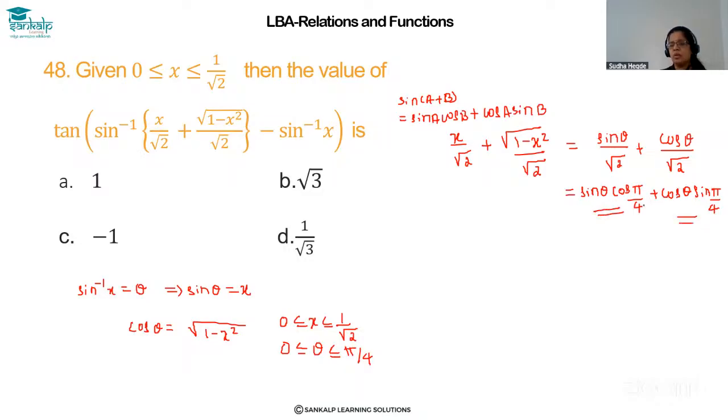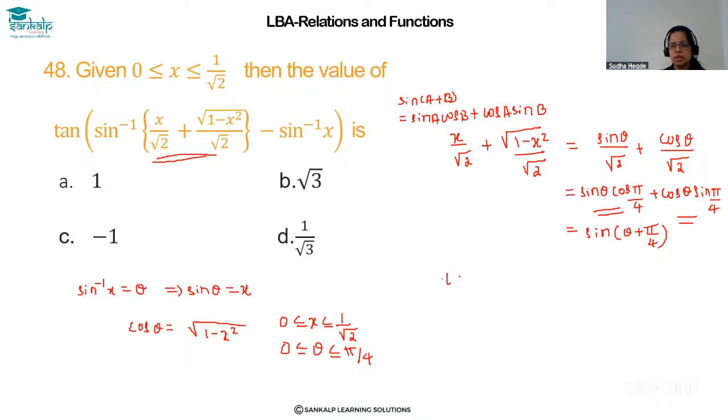Instead of A you have theta, instead of B you have pi by 4. So how can I write? It is sin of theta plus pi by 4, isn't it? Correct? Now take the expression. This part we got as sin of theta plus pi by 4.